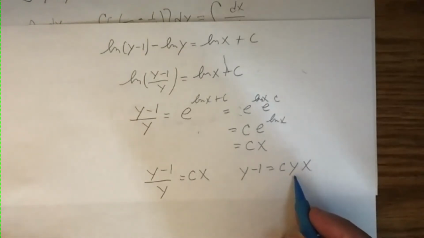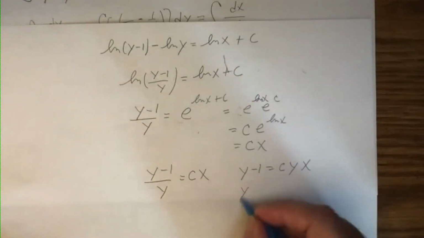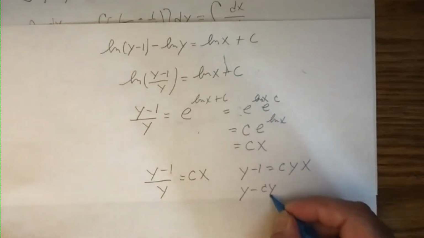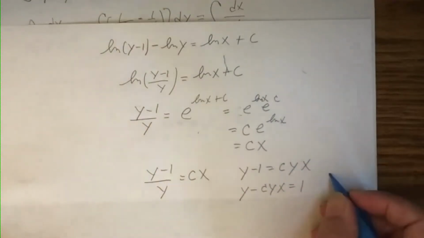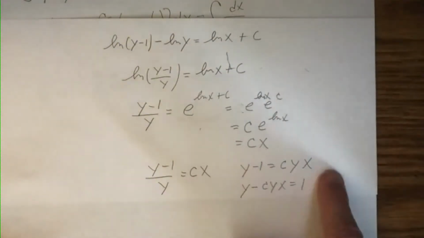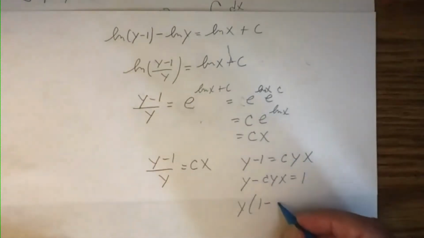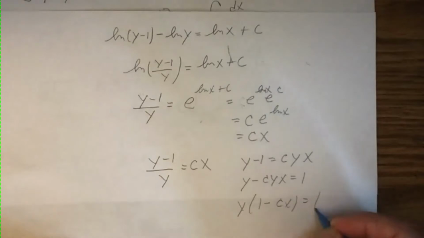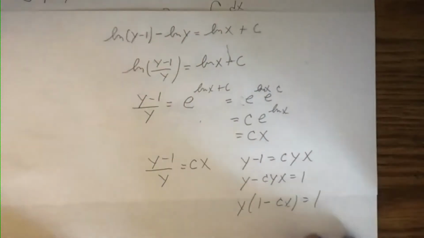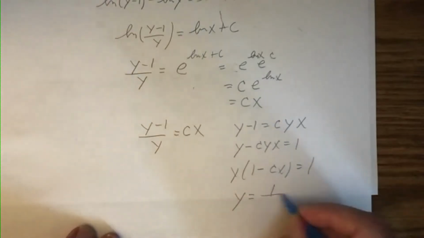I'm going to bring this y over to the other side and bring the 1 over to that side. So all I did is bring this over to this side, this over to this side. Then I'm going to factor out the y. Okay, so now finally, I get that y is equal to 1 over 1 plus cx.